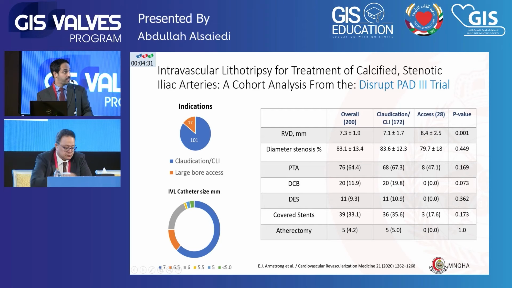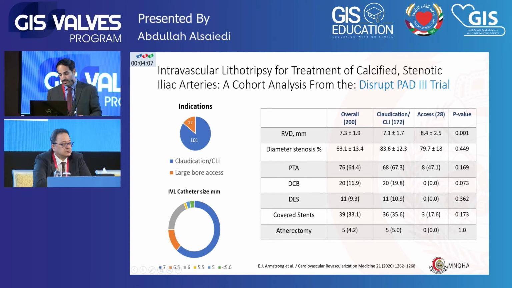IVL size in this registry was mostly around 7 millimeter, followed by 6.5. The overall reference vessel diameter was around 7.3 millimeter, and mostly they had severe stenosis, with diameter stenosis of 83%. PTA was used more commonly in patients with claudication compared to access.